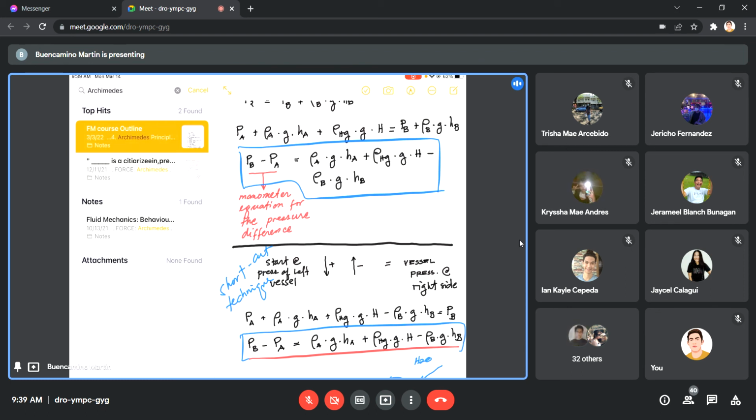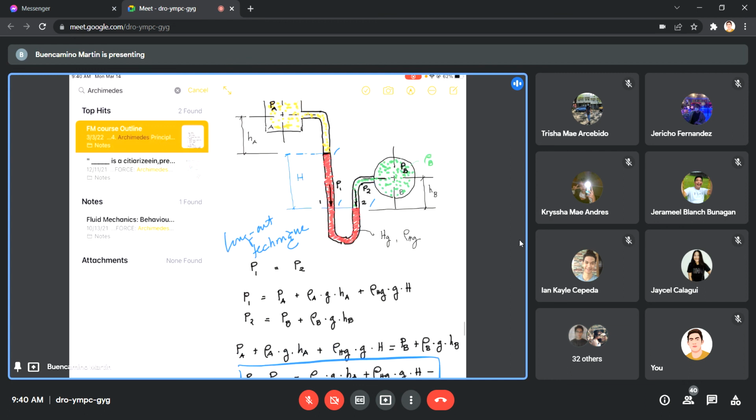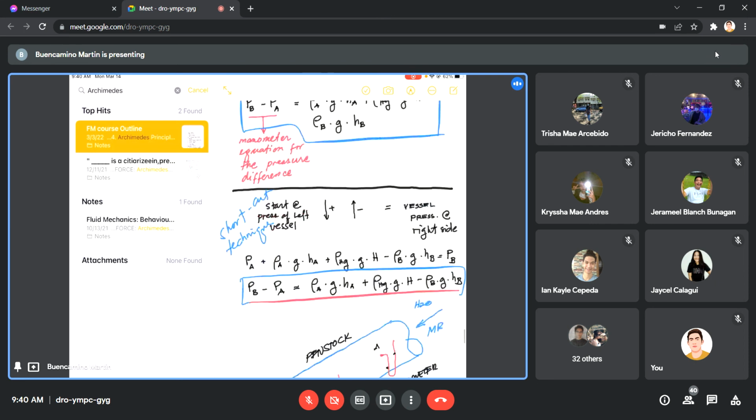Would you adhere to the long cut method or would you like to use the shortcut method? Sa shortcut method, kahit mini-mental mo na lang yan eh, no? Okay. Dito kasi sa long cut method, kailangan pang indicate ka ng point 1, point 2, P1, P2, no? Hindi na. Dito, hindi na eh. Shortcut na yan.